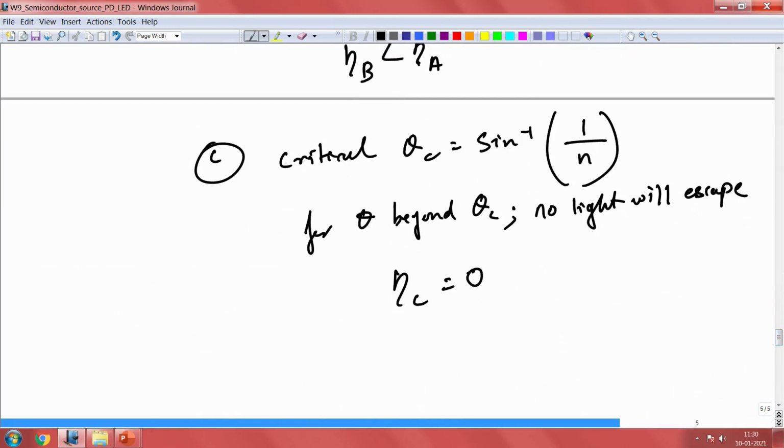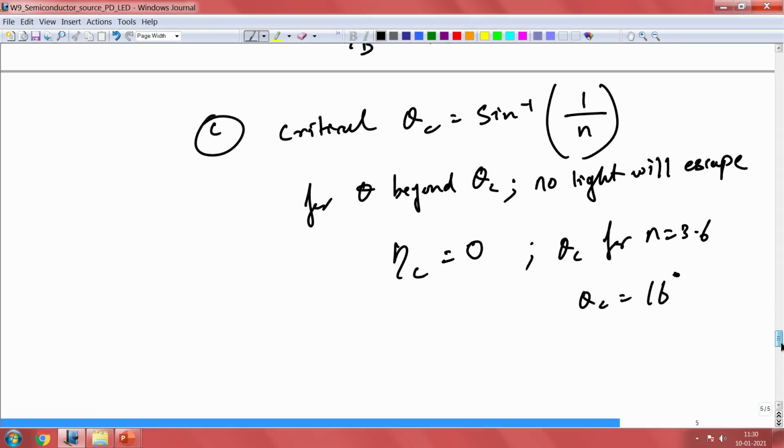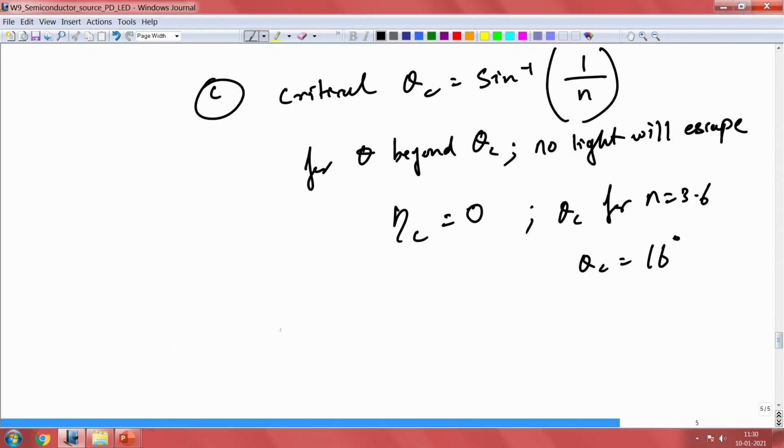Okay. And again the theta c here, for n of 3.6 for example, is about 16 degrees. So, we need to make sure that this light escapes within that 16 degrees. So, what we mean by that is the light cone that you have.